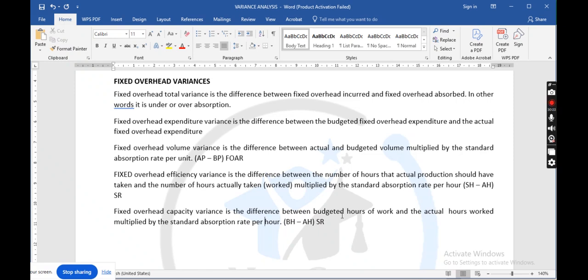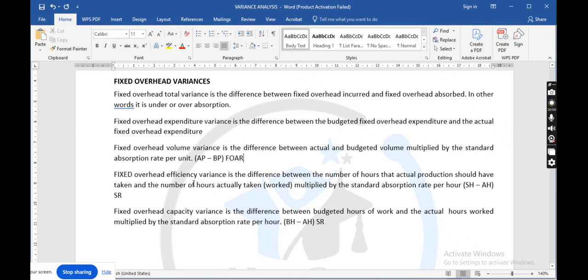Class, when you add your efficiency and capacity variance together, it will give you volume. If you are confused, and the question says calculate efficiency and capacity, and you are not sure of your answer, to confirm it, calculate volume.